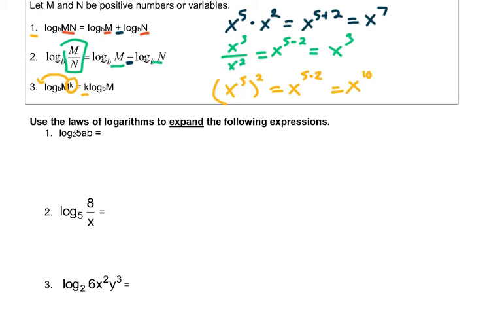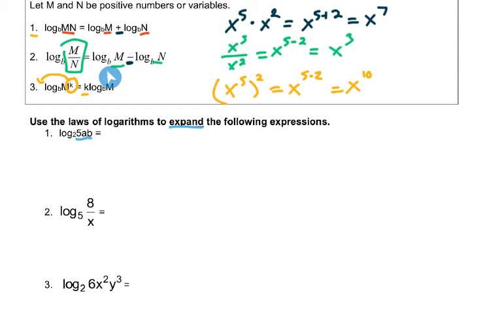So first we're going to practice expanding the logarithms. I've got log base 2 of 5ab. What are the operations between the 5ab? Well, this is saying 5 times a times b. So we're using our multiplying rule to expand it.